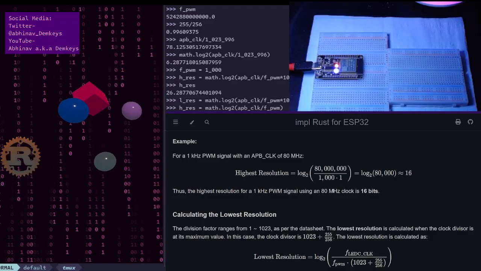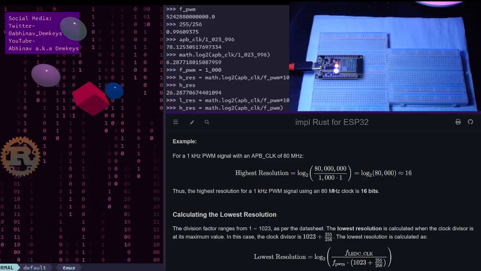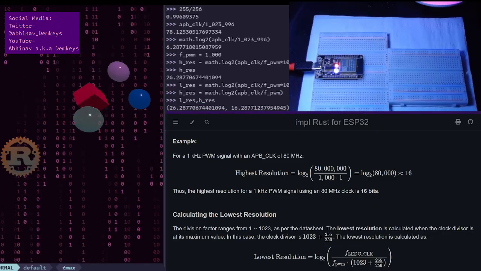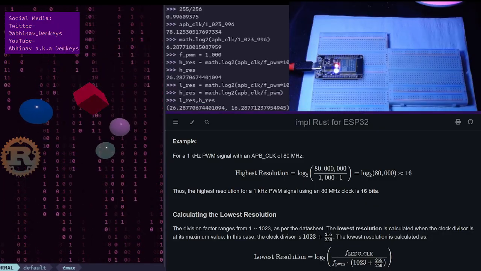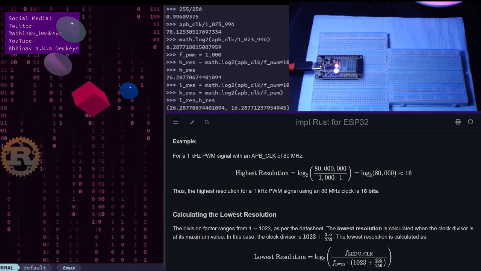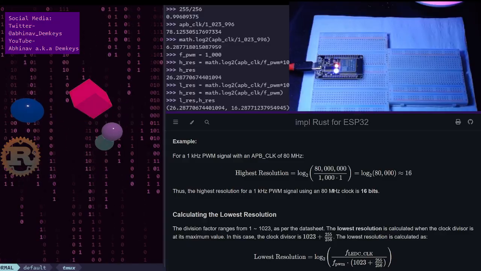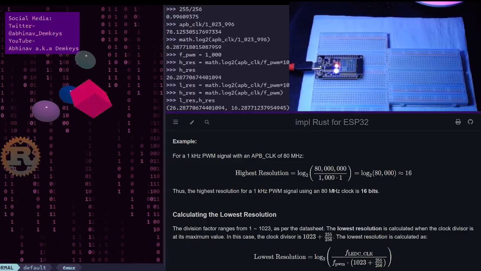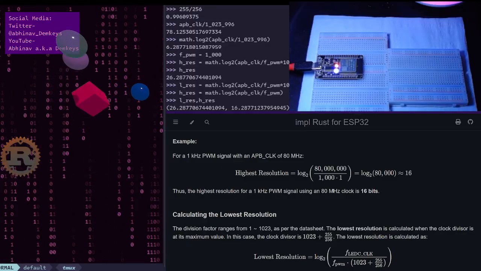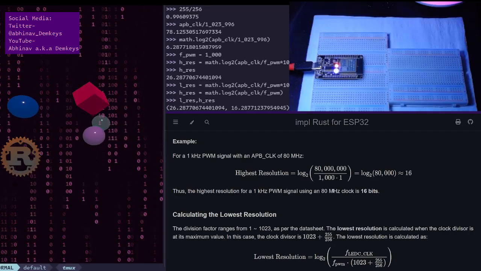Can I do a comma thing here? Would that work? Okay, it presents it as a tuple. So that's interesting. Our lowest resolution comes to 26 bits, but our highest resolution comes to 16 bits.